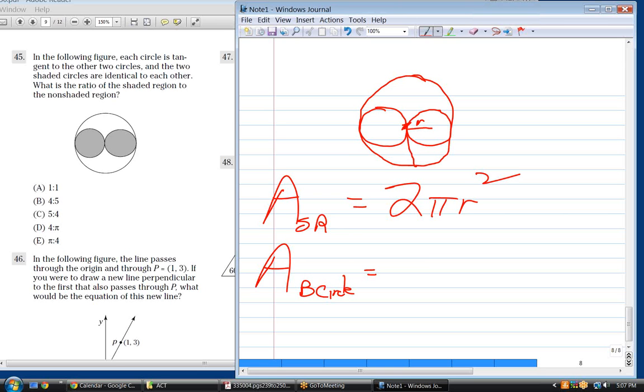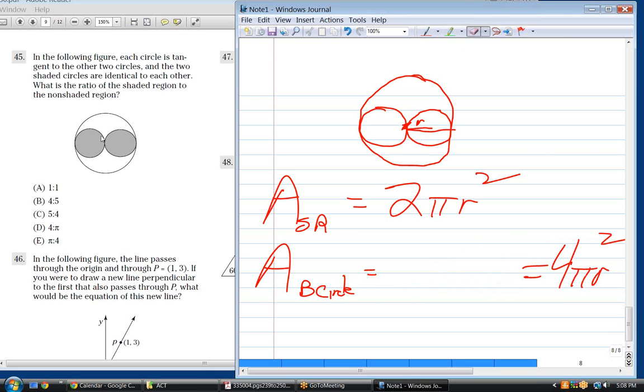I was thinking that the radius is like half of the large one. Let me draw it differently. What is the radius from here to here? So it'd be 2r. Oh yeah, so pi times 2r squared. Right, so that's 4 pi r squared. Because it's pi and the radius is 2r. So the area is 4 pi r squared.